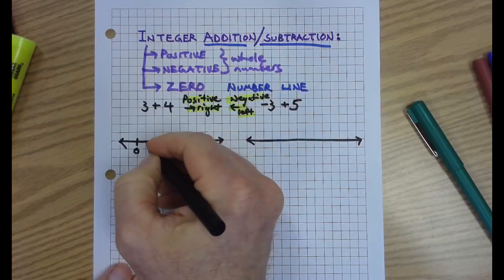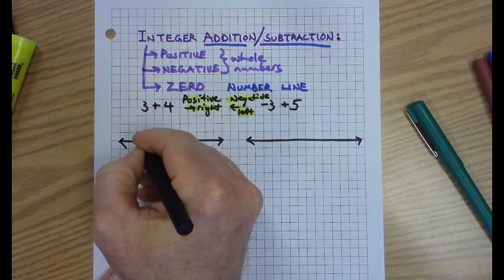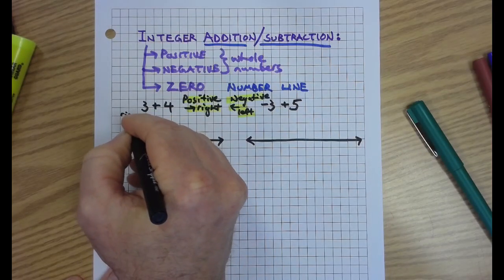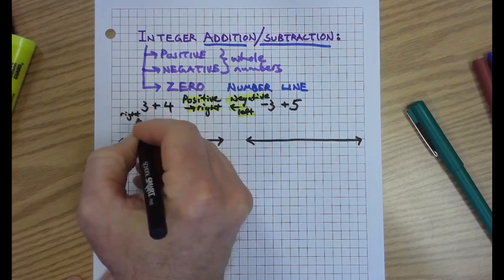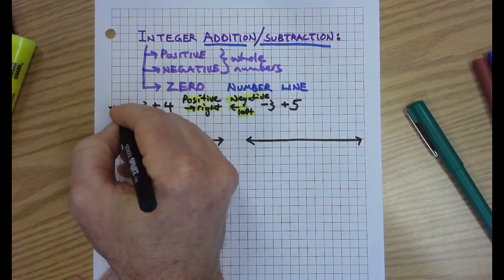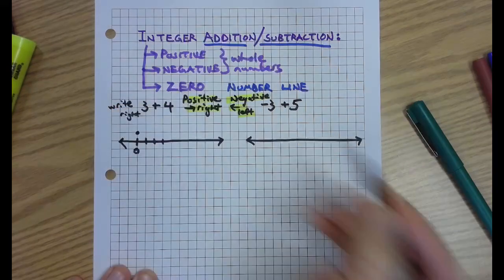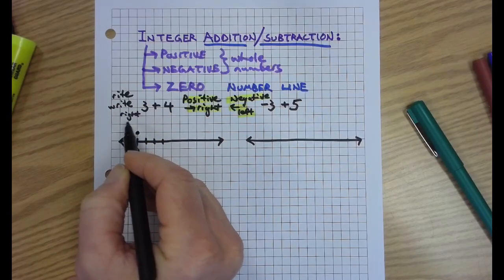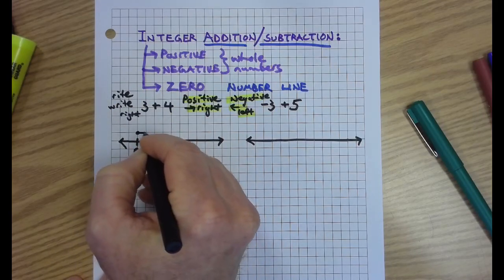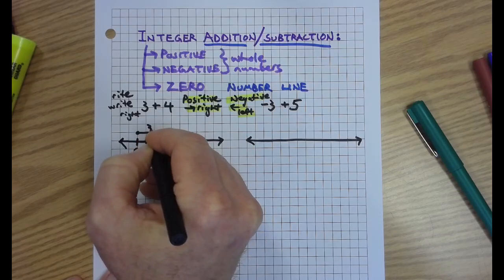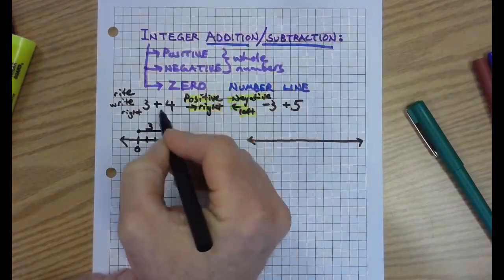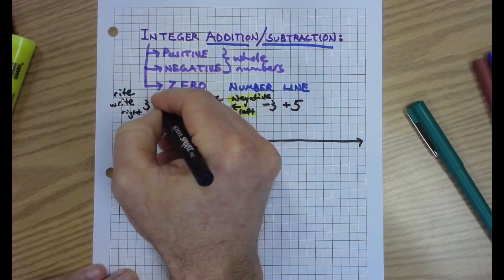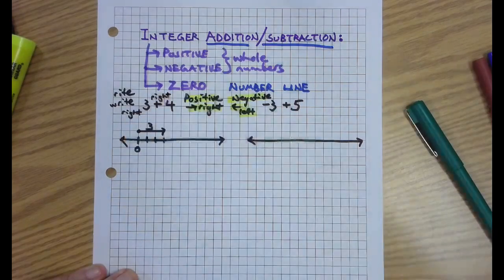So step one, start at 0. Do the first movement, in this case right 3. And you don't have to write the word right, but if you're thinking directionally, moving to the right, 1, 2, 3. And we're going to label that movement. Instead of thinking plus, we're thinking right 4.